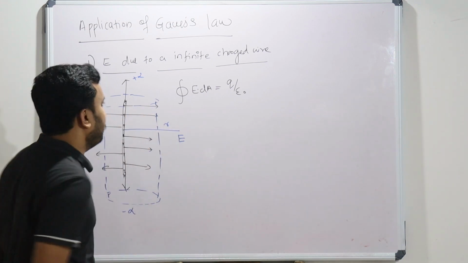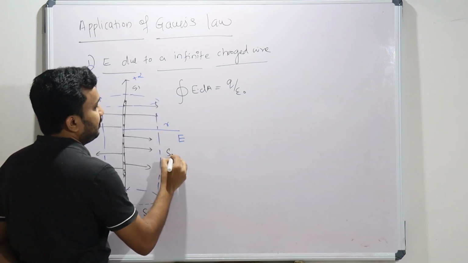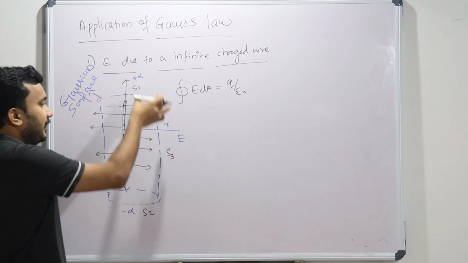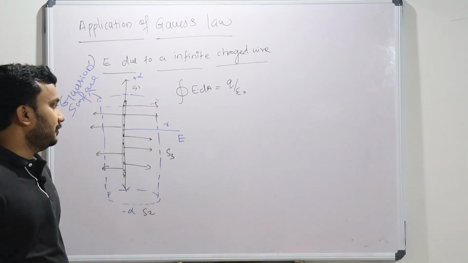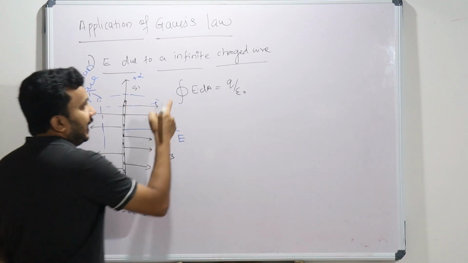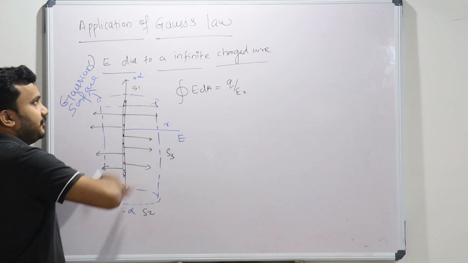So totally three surfaces: surface number 1, surface number 2, and surface number 3. S1 and S2 are plane surfaces, and S3 is the curved surface of the cylinder. So a closed surface is formed from many open surfaces.